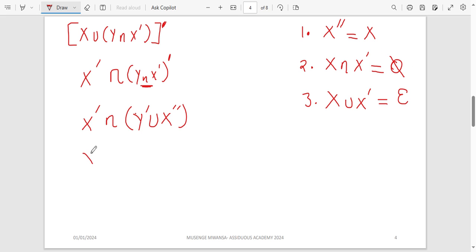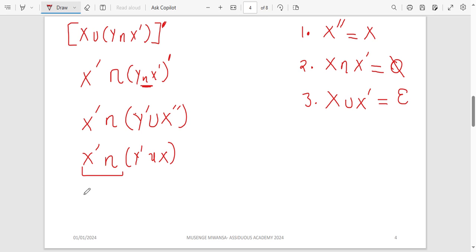So continue. This will give us x complement intersection y complement union x, because those two complements are going to cancel out. Now I'm going to use the distributive law at this point. Look at this. We have got x complement. We'll distribute with what is here, more like a multiplication, the same way we do a multiplication.